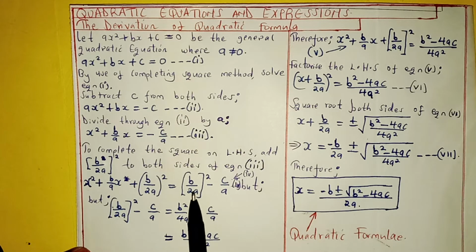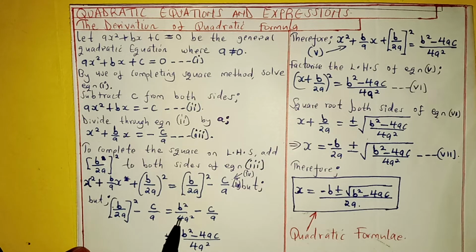Now, we can solve the right hand side of the equation. We square b over 2a. So b squared is b squared. Then when you square 2a, you get 4a squared. Then minus c over a. So to solve this, we find the LCM of 4a squared and a, which is 4a squared.